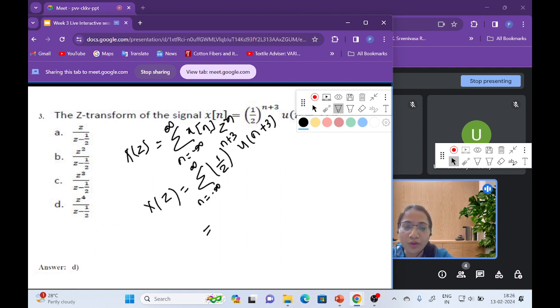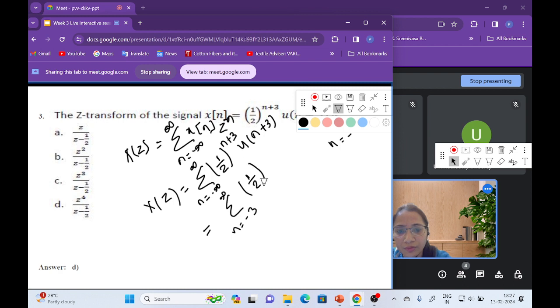Here u will start from n equal to minus 3 onward. So it will be n equal to minus 3 to infinity.